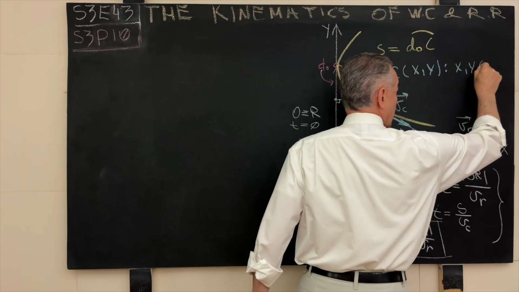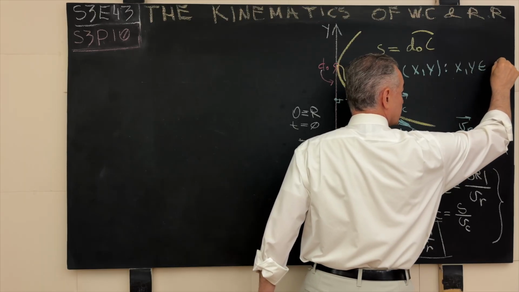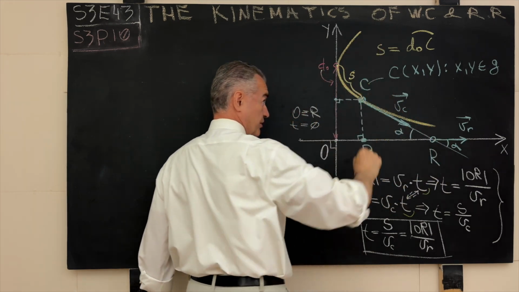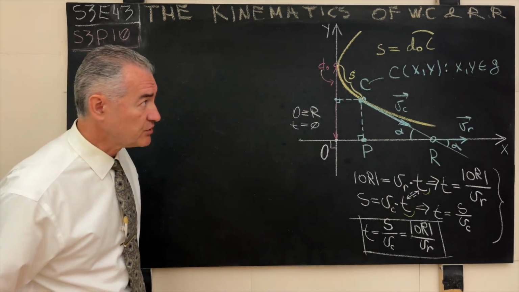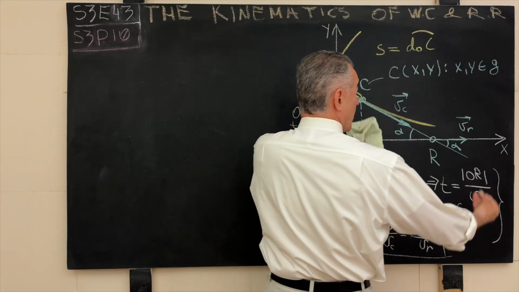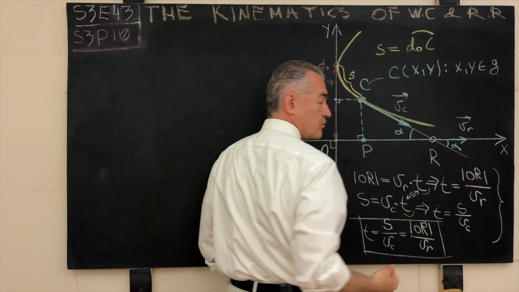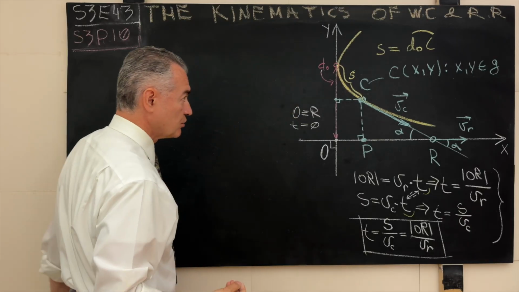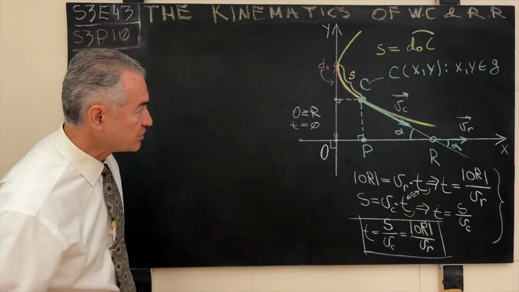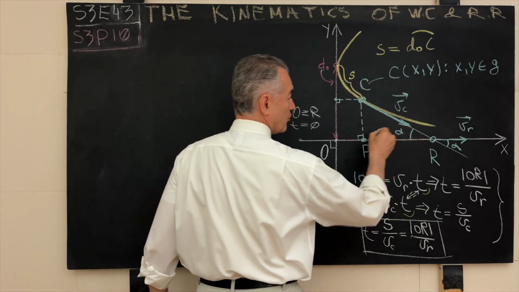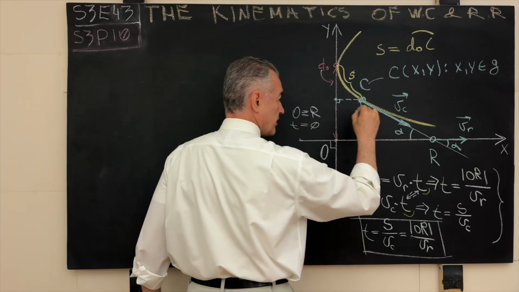the numbers x, y belong to the trajectory, let's say graph, to the graph G. This is precisely what these numbers are. So if we manage to cook up a relation between x and y, boom, we have our shape of the trajectory and problem solved. So first we project our vector VC on the x-axis and on the y-axis.